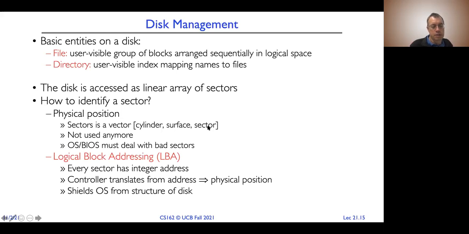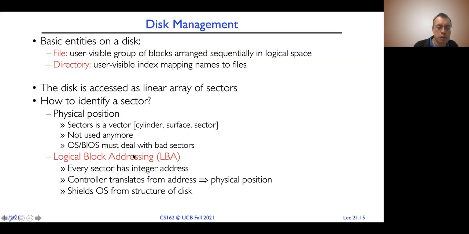Now, the main point to take from this slide, re-emphasizing what I said earlier on, is that the operating system doesn't track sectors using their physical identifier. The physical identifier again here is the cylinder, surface, and sector on the disk.